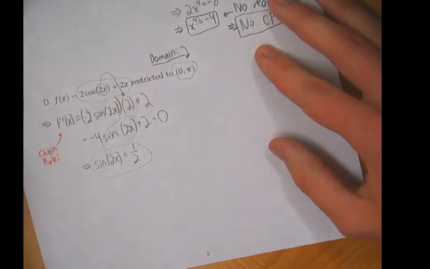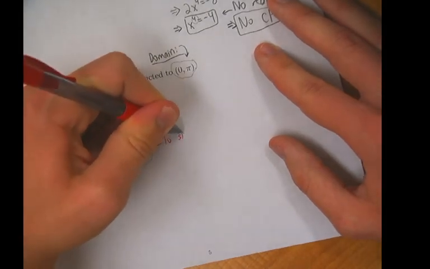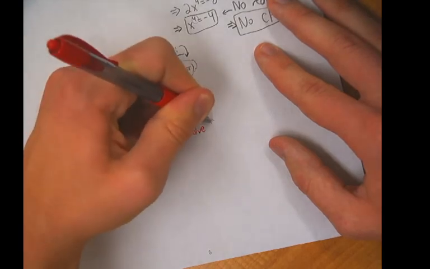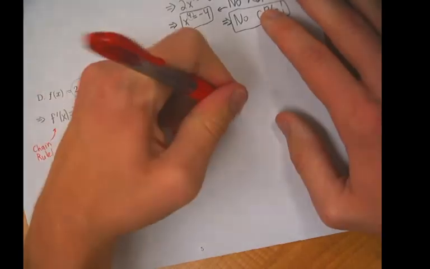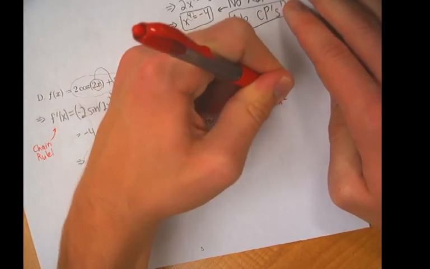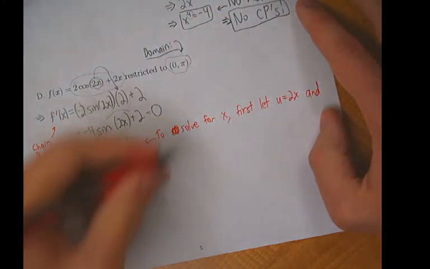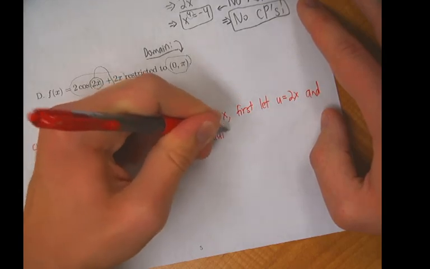So to solve for x, first, let u equal 2x and solve sine of u equals 1/2.